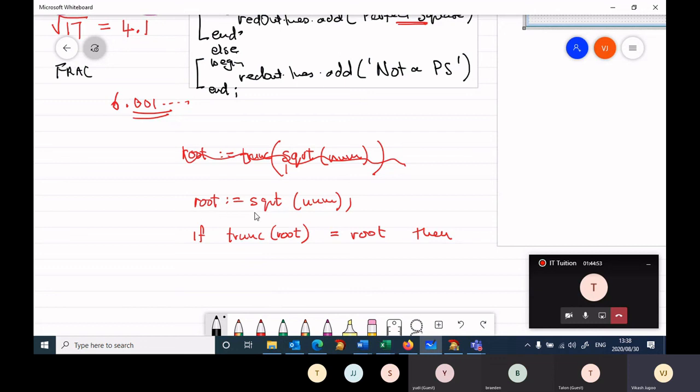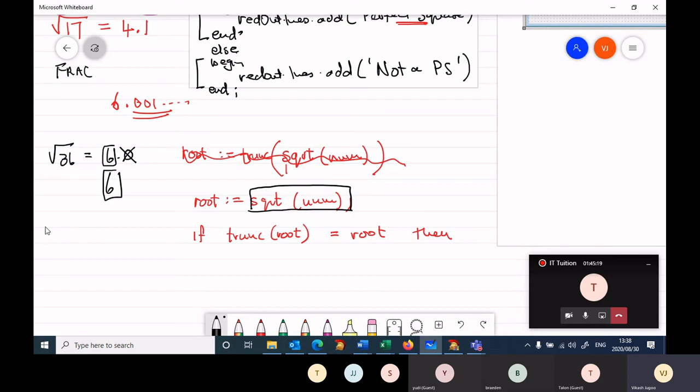Now, guys, just watch this. So here, you're finding the square root. Now, remember, the square root of 36 is 6.0, and 6.0 is the same as 6. So in other words, if I drop the remainder part, then the numbers are still the same.